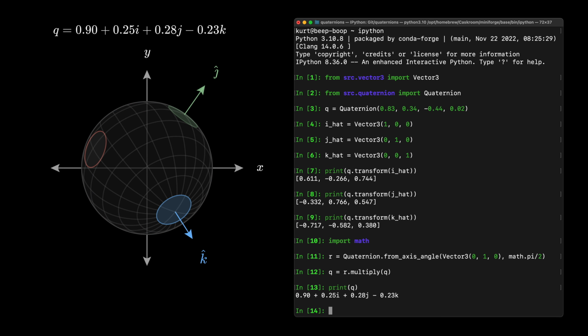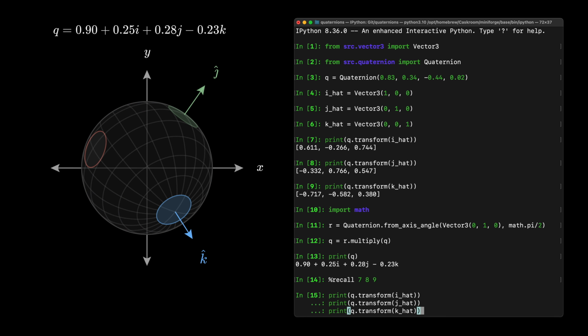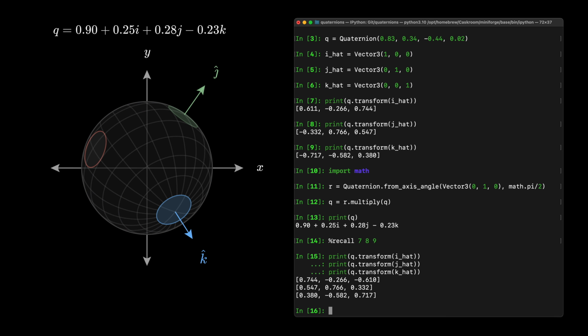If you're wondering how we compute the intermediate values between the starting and ending orientation, we'll get to that later in the video. For now, our implementation of the Quaternion class will focus on the basics. Finally, let's print out the transformed positions of the basis vectors to show that we are getting the expected output. Moving forward, I'm going to erase the x and y axes, since these will always be in the same place.